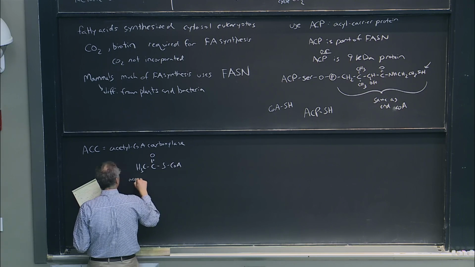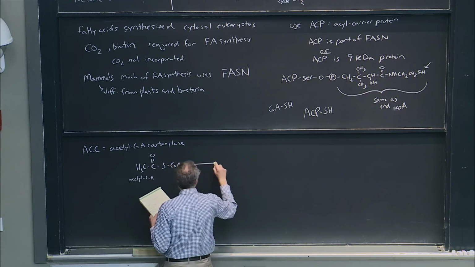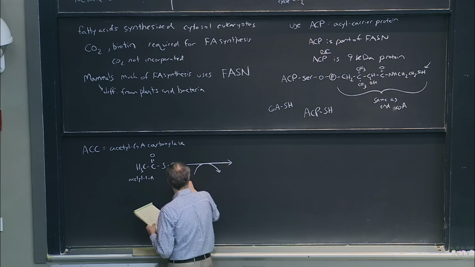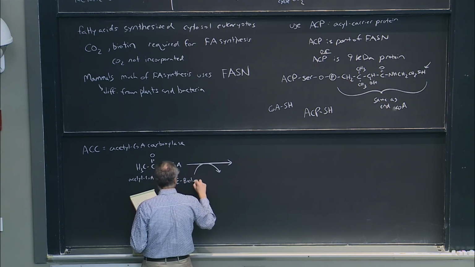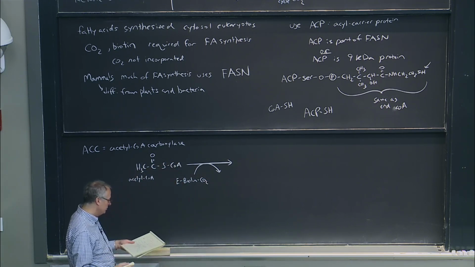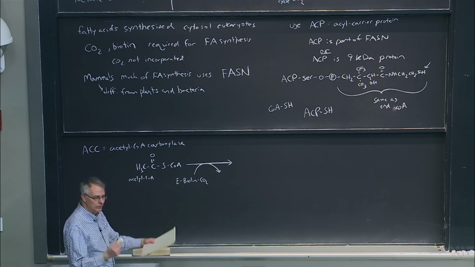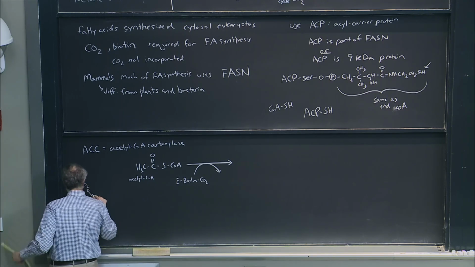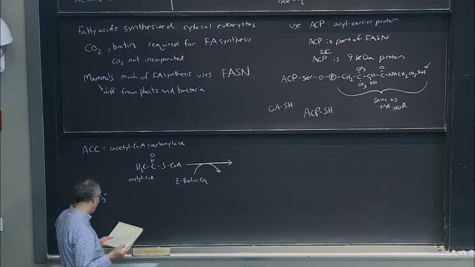So here's our old friend, acetyl-CoA. And what ACC carries out: it has a biotin bound in the active site, which of course can contain a CO2. Just as a quick reminder, how do we put CO2 on biotin for carboxylation reactions? Remember, CO2 is in equilibrium with bicarbonate.